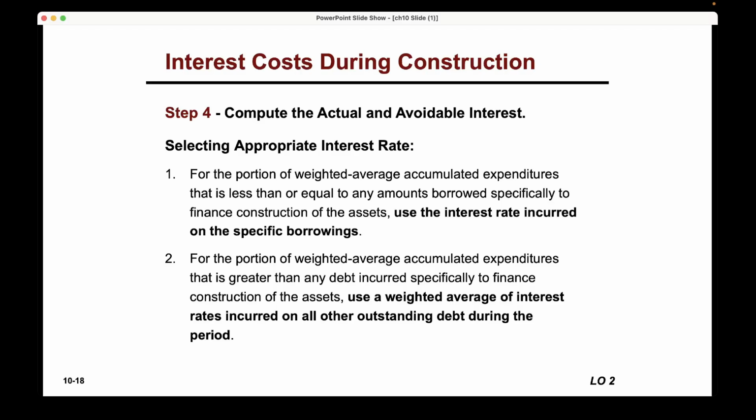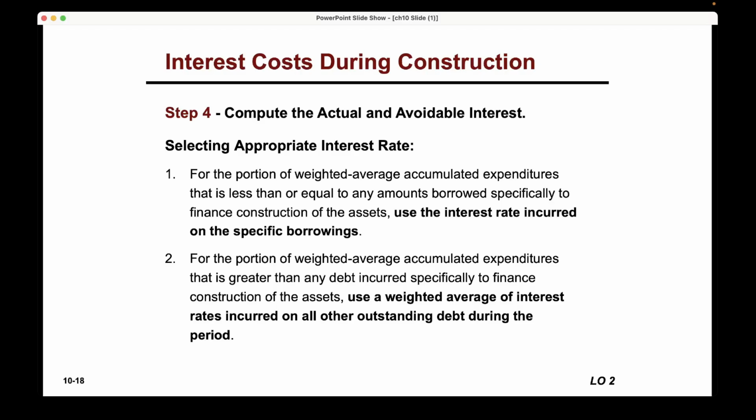Okay. Now, if the construction costs go beyond what was borrowed specifically, so from our example, we borrowed 200,000, what if the construction cost goes beyond that 200,000? Then we will look at the company's other debt.